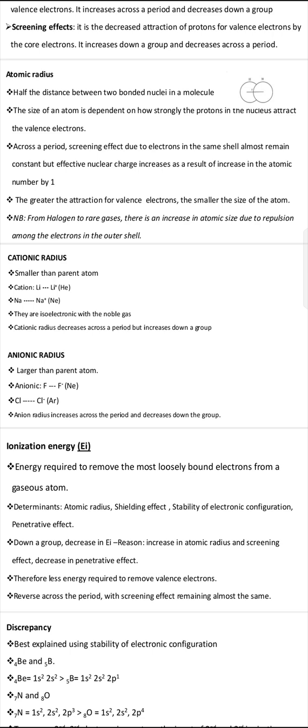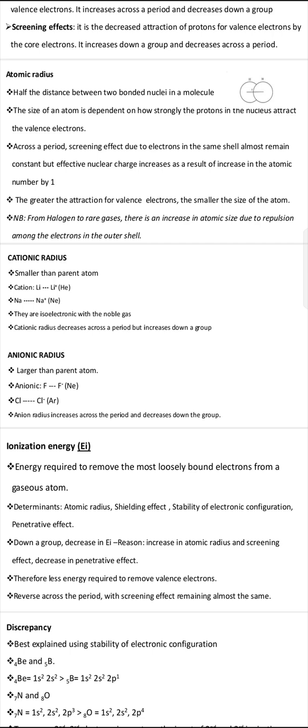So effective nuclear charge is how the nucleus pulls the valence electrons to itself. So the more the protons, the higher the effective nuclear charge for it to pull valence electrons to itself. The greater the attraction for valence electron, the smaller the size of the atom.